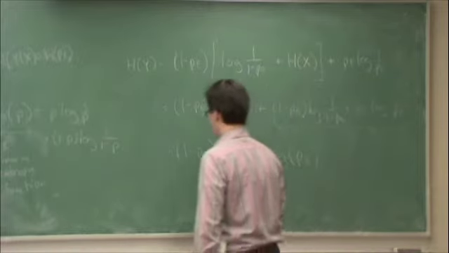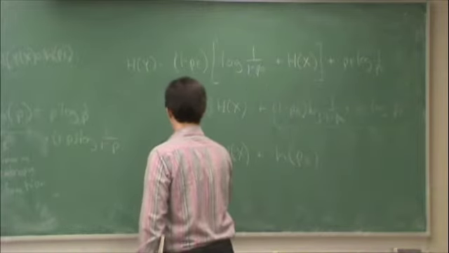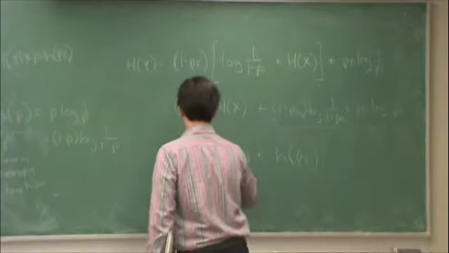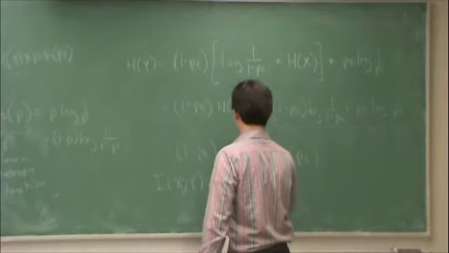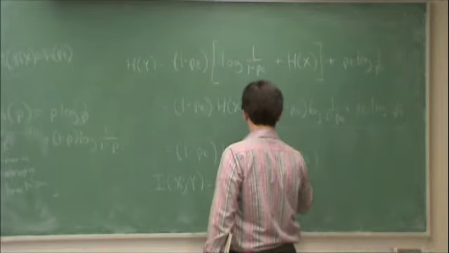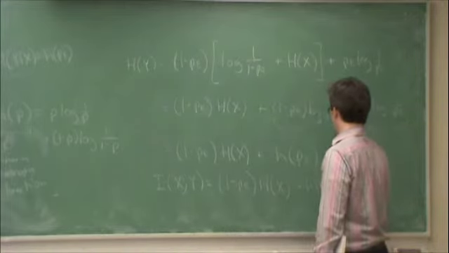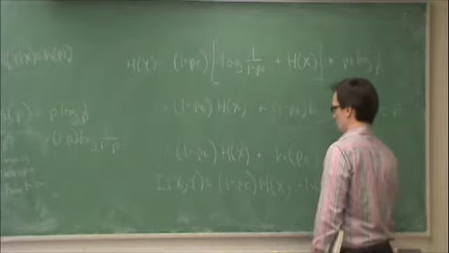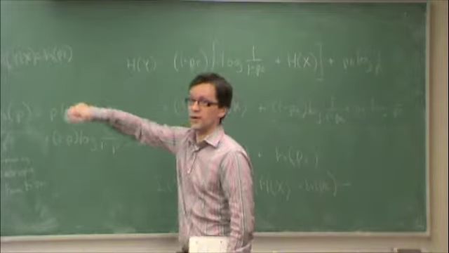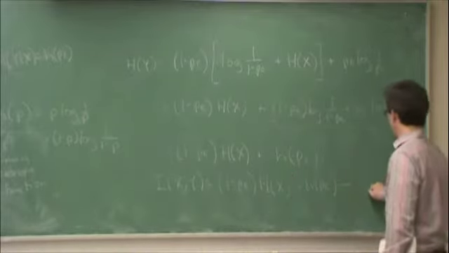So, mutual information is equal to 1 minus PE, h of x, plus h of PE, minus, that's h of y, minus h of y given x, which is h of PE.